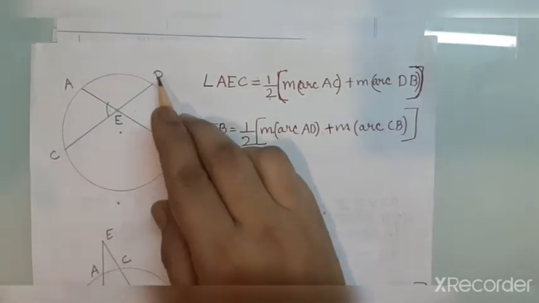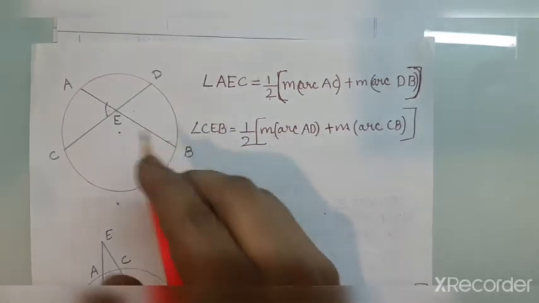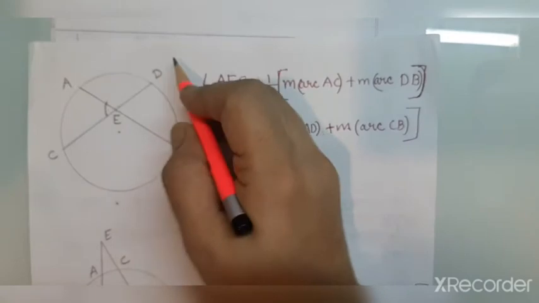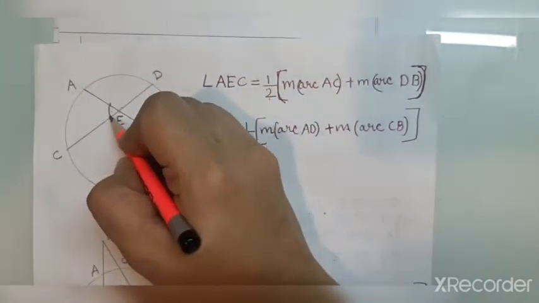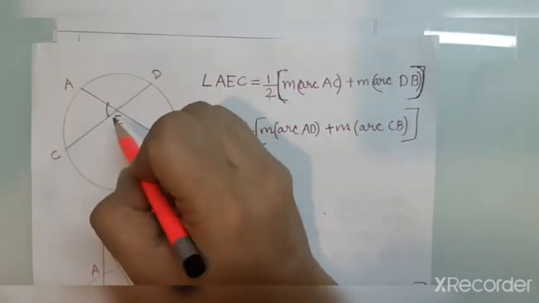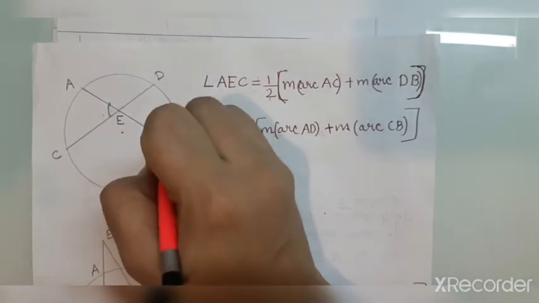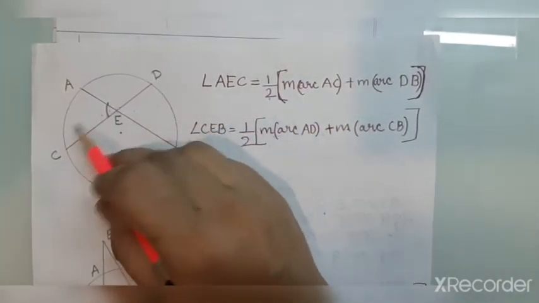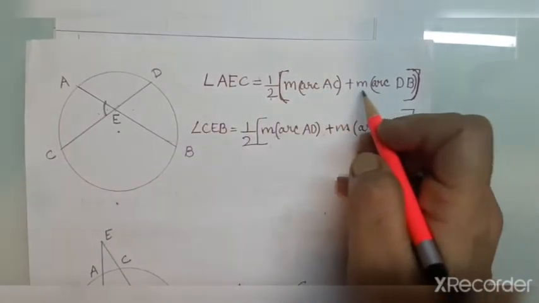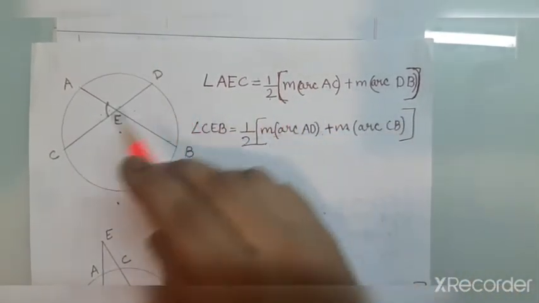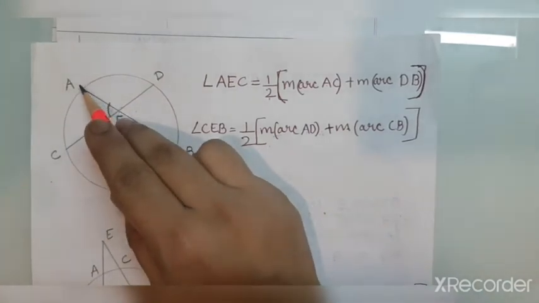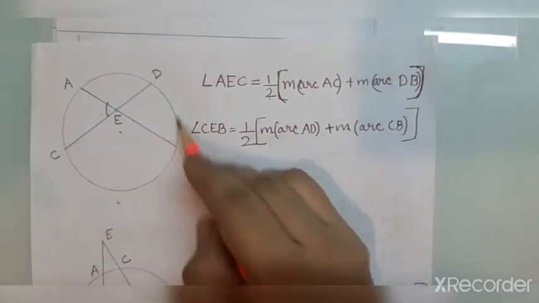Arc AC and arc BD. So if we are talking about AEC or even BED, then the arcs intercepted by the angle AEC and its opposite angle BED are AC and BD. Their sum we have to take, and after we take the sum, we have to take the half. So angle AEC is equal to half of major arc AC plus BD.